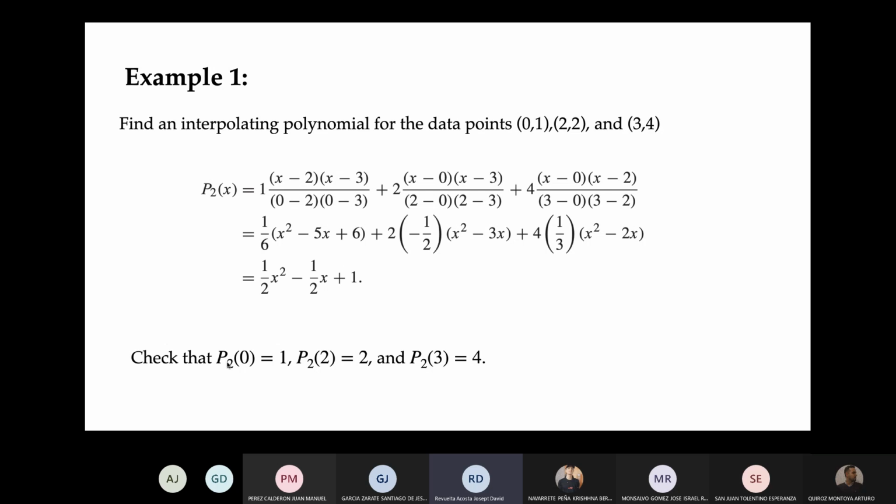And then in general, P0 is going to be equal, if you evaluate this polynomial in 0, so 0, it is going to be equal to 1, which is the y value. If you evaluate this one in 2, 2 squared is going to be 4, right?